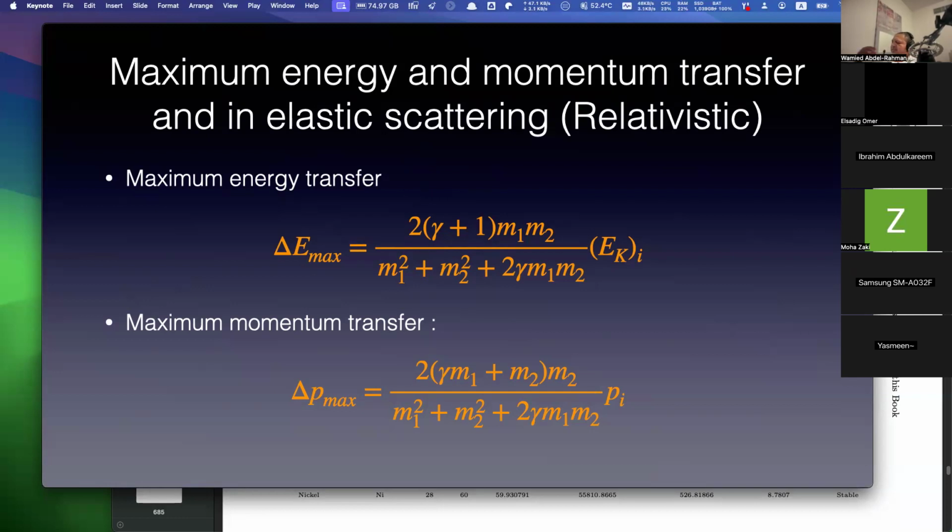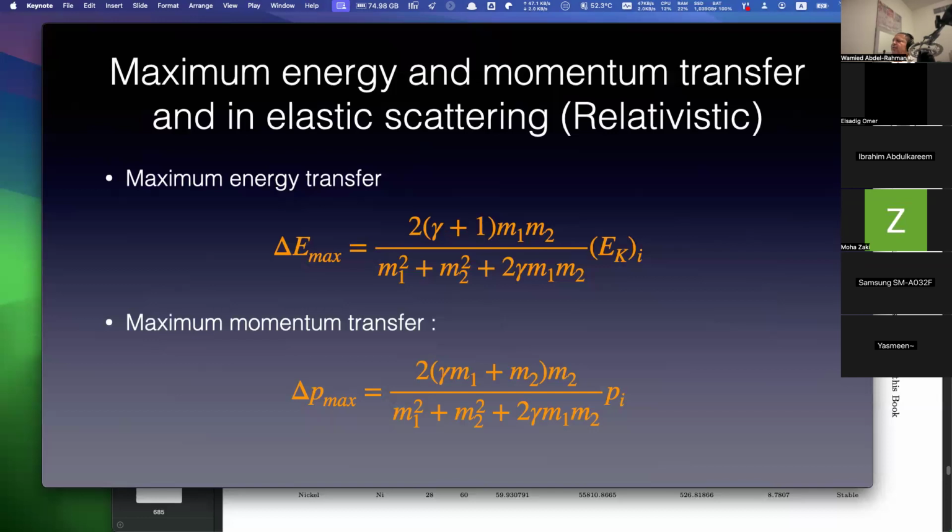Notice that when we're dealing with electrons, usually an electron with energy at, let's say, 1 MeV, this is actually a relativistic range for the electron. More appropriately, we calculate the energy transferred using the relativistic formulas rather than the classical formulas.